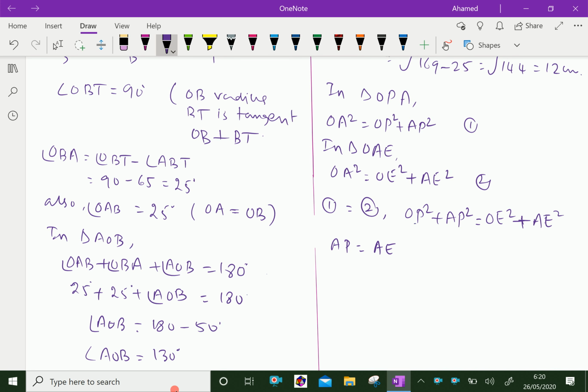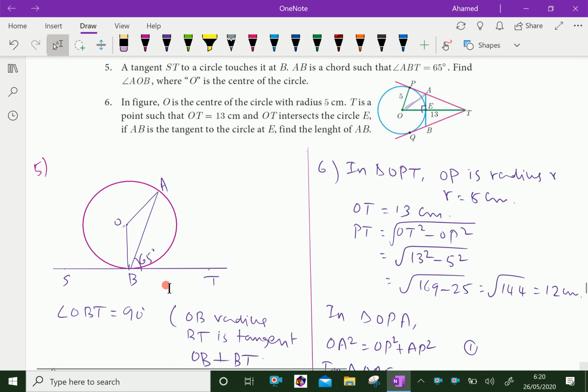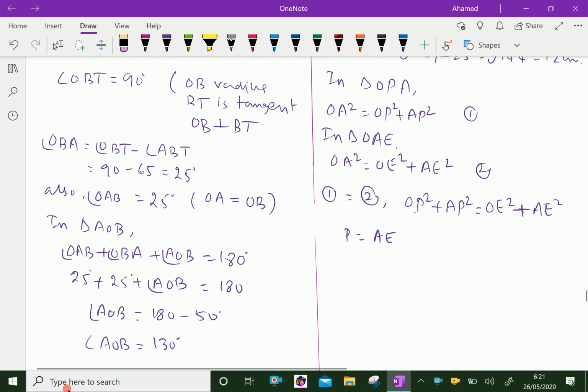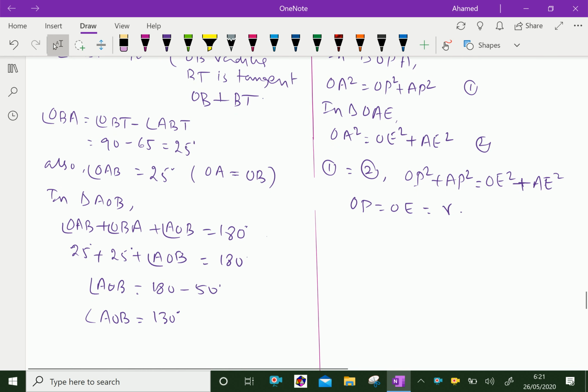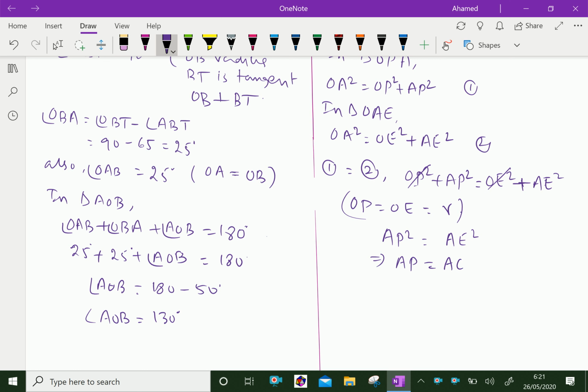OP and OE are both radii of the circle, so OP equals OE. Therefore OP square equals OE square. Those cancel, so AP square equals AE square. Taking the square root, AP equals AE.